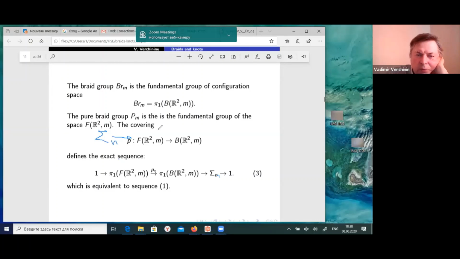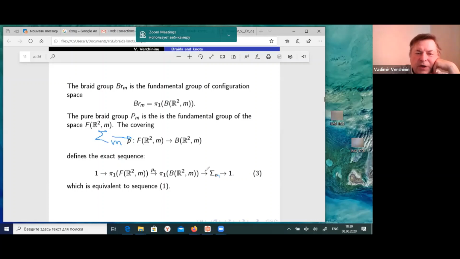And that's why, if you have this covering space, this is the fiber, then of course you have pi 1 of this covering space here, pi 1 of this space here, and then you have of course the group which acts.